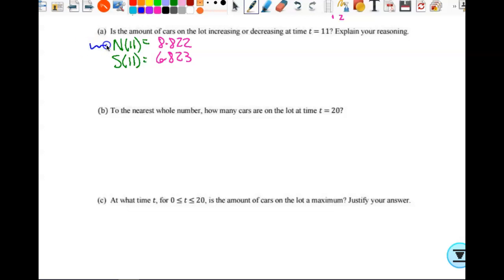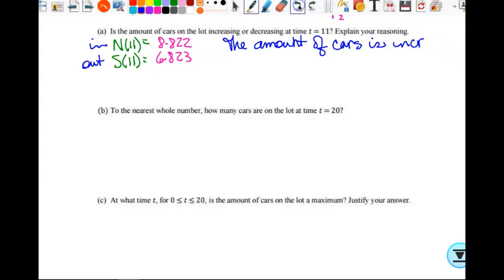This is our rate in, right? This is our rate out. So at t equals 11, the rate in is greater than the rate out. Therefore, it would make sense that the amount of cars is increasing. So we can say the amount of cars is increasing.